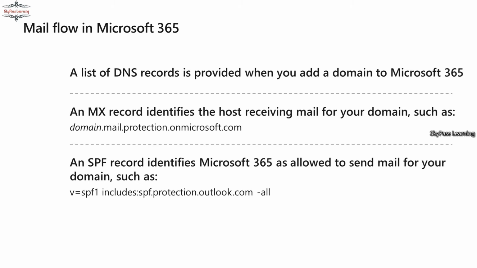These are the MX record that you have to create, and the second one is SPF, used for domain identification. If you refer to the first part of this video, I have shown how we can add a custom domain in Office 365, what required steps to take care of, and what DNS records you have to take care of.